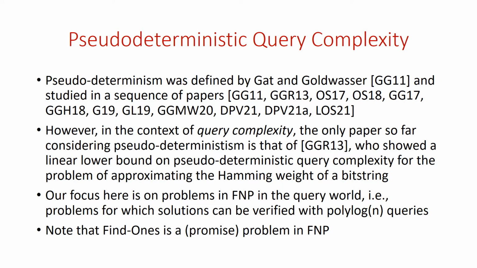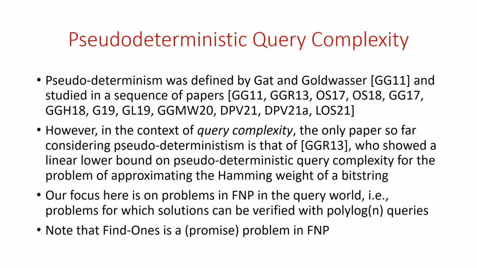It's also been studied in the setting of property testing, streaming algorithms, interactive proofs, and so forth. And it has also been studied in the setting of query complexity, but just in one previous paper, that of Goldreich, Goldwasser, and Ron from 2013. What they did was to show a linear lower bound on the pseudo-deterministic query complexity for the problem of approximating the Hamming weight of a bit string.